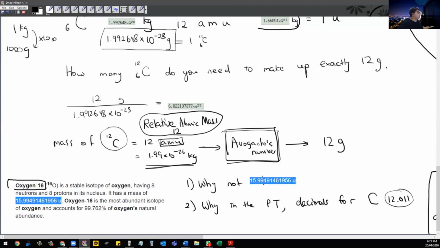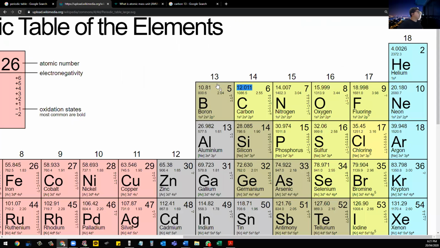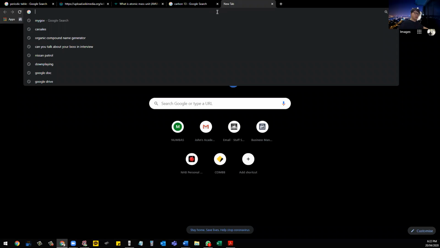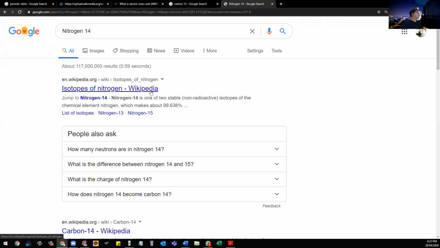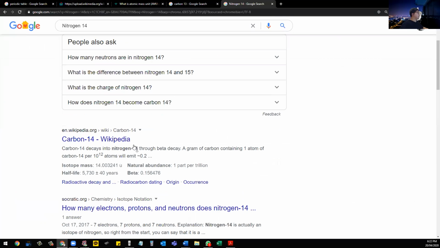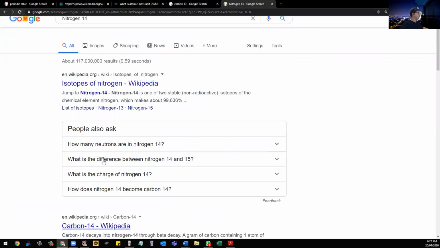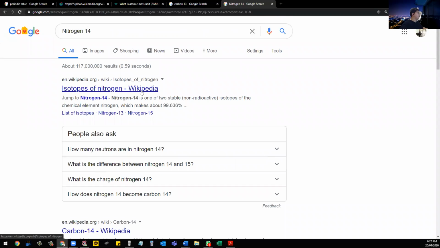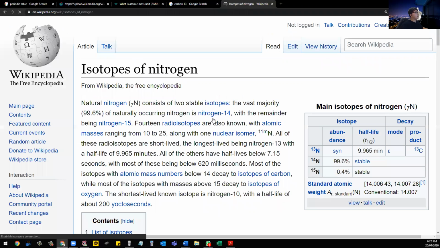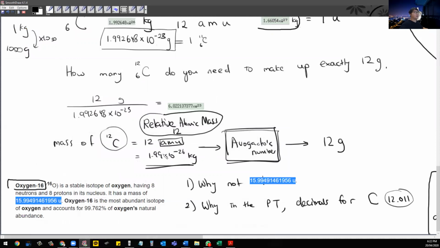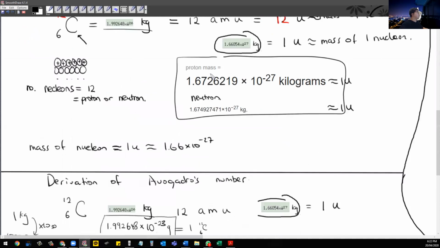So when you look at other atoms, let's say nitrogen 14, nitrogen 14's mass is, sorry, that's carbon 14 there. I think we have to just move on. I think that's a good enough explanation. Does that make sense to you, though? Yeah, it does. Okay. What about here? Yep. Okay. That's great.